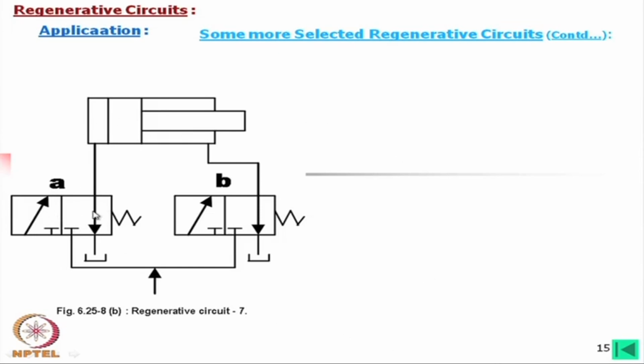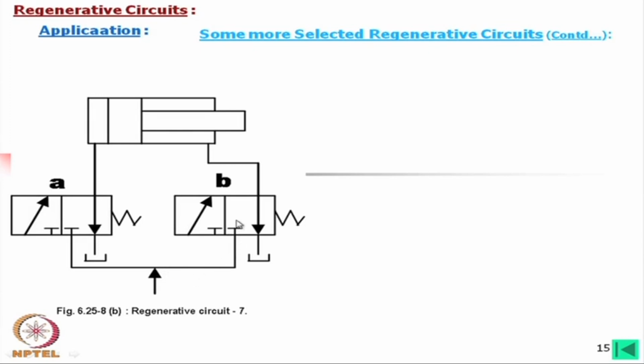Now, let us consider A is closed or in its neutral position and B is open. So, this is normal return. Now, what other combination may be? Both are closed, that means what is shown there.